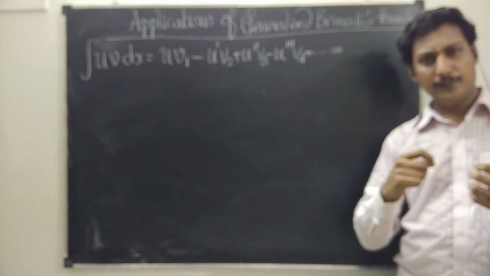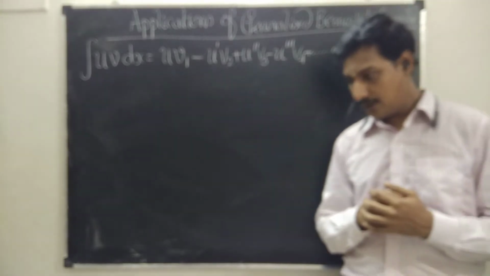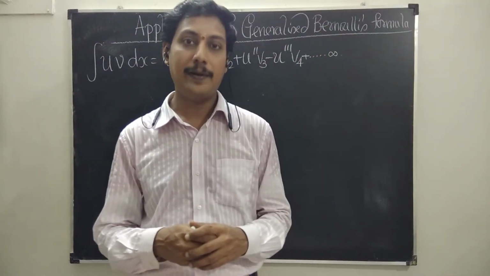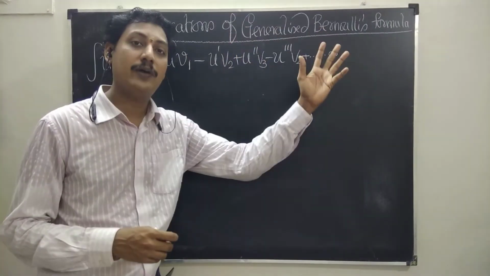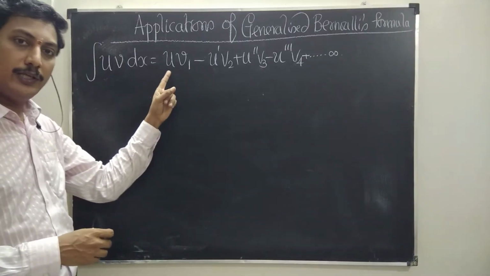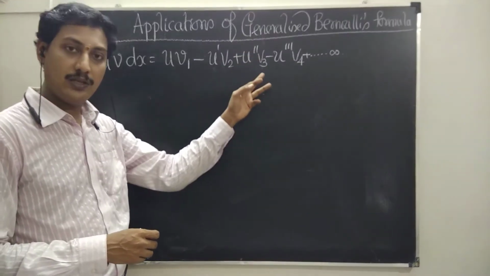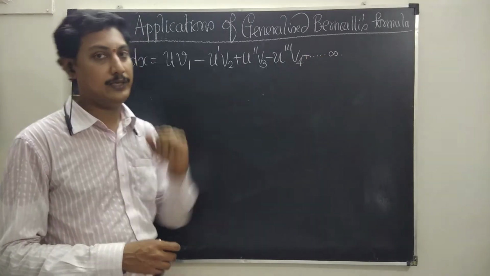We know integration by parts, isn't it? The generalization of the by parts formula is the generalized Bernoulli's formula. Integral uv dx is equal to uv1 minus u dash v2 plus u double dash v3 minus u triple dash v4 plus, etc., up to infinity.